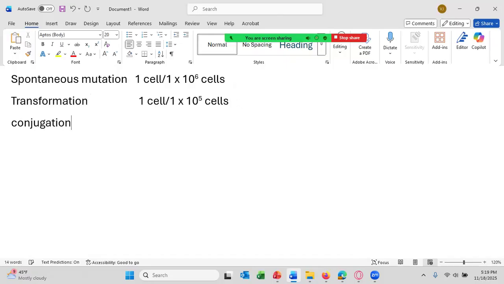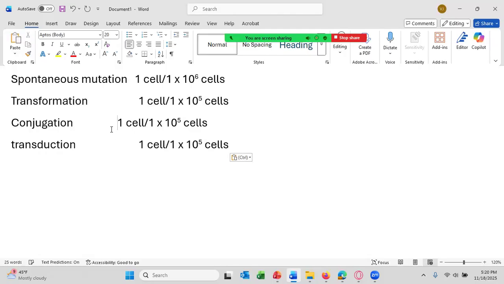The same with conjugation and then transduction. They happen about 10 times more frequently than mutation. So that tells you how important transformation, conjugation, and transduction are to bacteria cells.